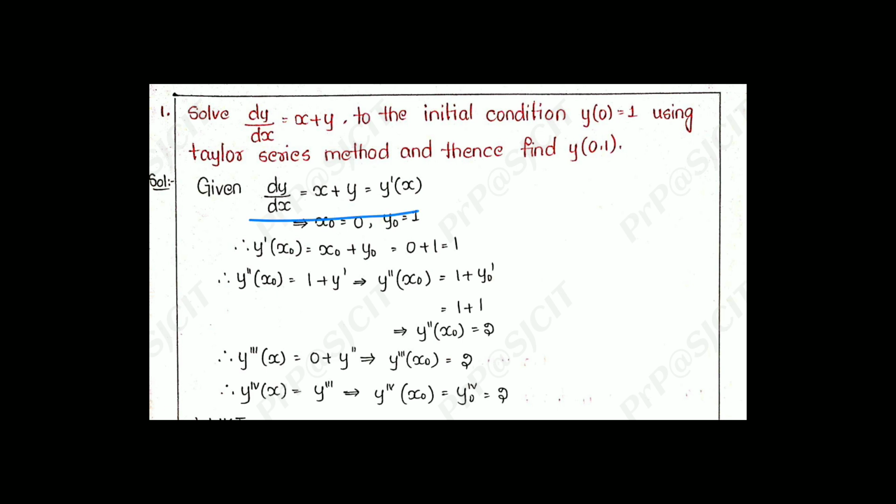This is the function, and in the question itself they give the initial condition y naught equal to 1, so x naught is equal to 0 and y naught is equal to 1, and we first find y dash of x naught. I will show how to find it.